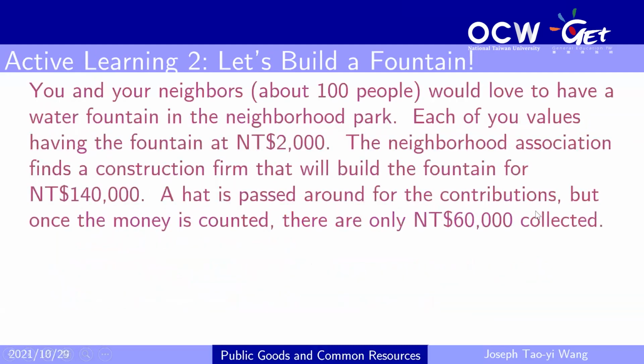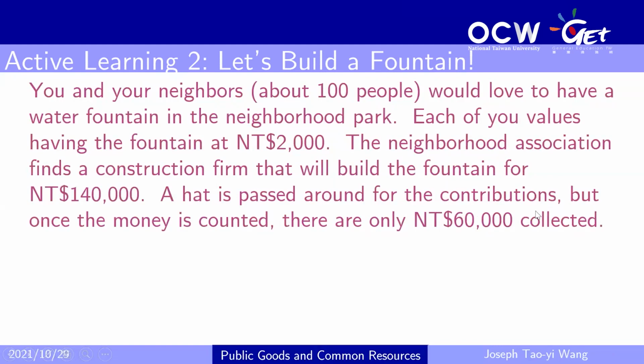Okay, so here's an example of this. You and your neighbors, about 100 people, would love to have a water fountain in the neighborhood park. Each of you values having the fountain at 2,000 NT dollars. The neighborhood association finds a construction firm that will build the fountain for 140,000 NT dollars.